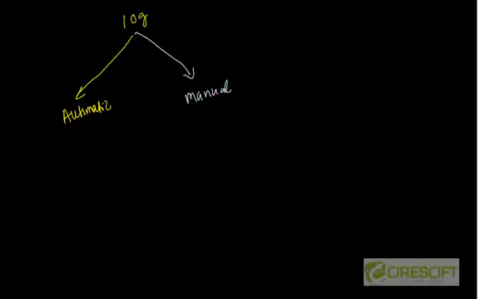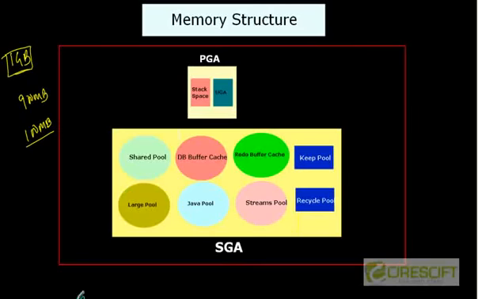In the case of manual management, in the init.ora parameter or spfile parameter, you set the size of each. For example, db_buffer_cache is a parameter that determines how big your buffer cache is. Similarly, log_buffer is another parameter which determines how big your redo buffer is.